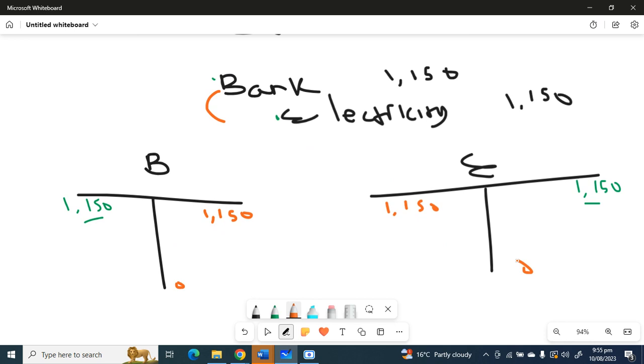That's why we need to double it, so that after we clear the error, we can now put the correct entry where bank has to be credited 1,150 and electricity has to be debited 1,150. So instead of just putting 1,150 here, you have to double it.